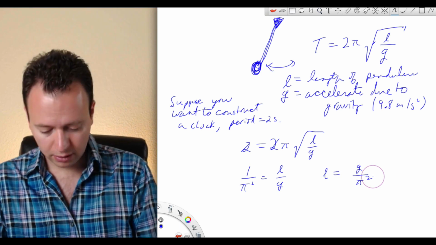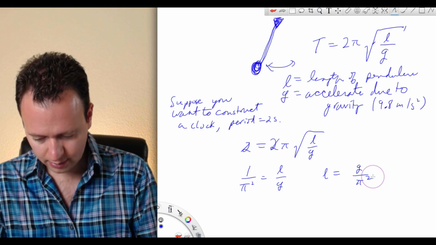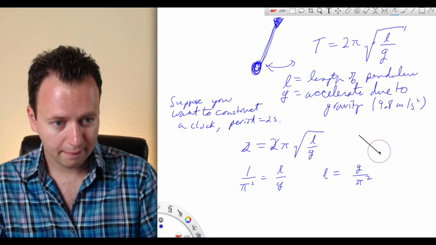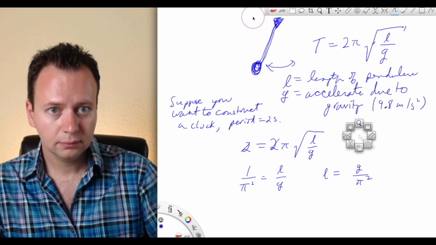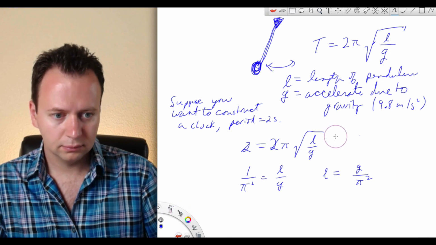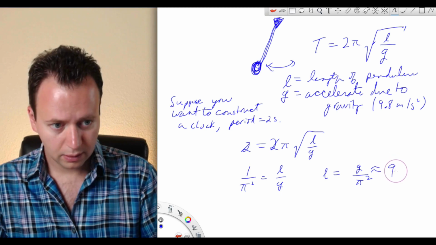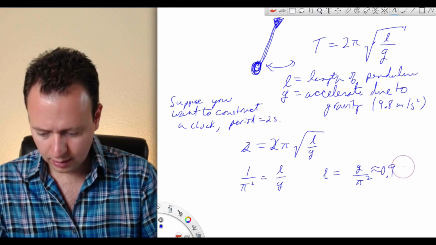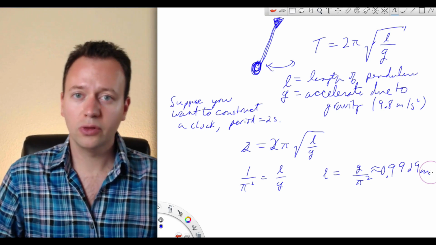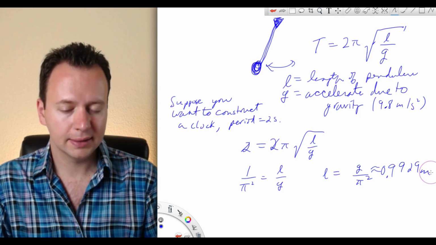So 9.8 meters per second squared divided by pi squared gives me a length of 0.9929 meters. So a pendulum with a length of approximately 1 meter will have a period of 2 seconds.